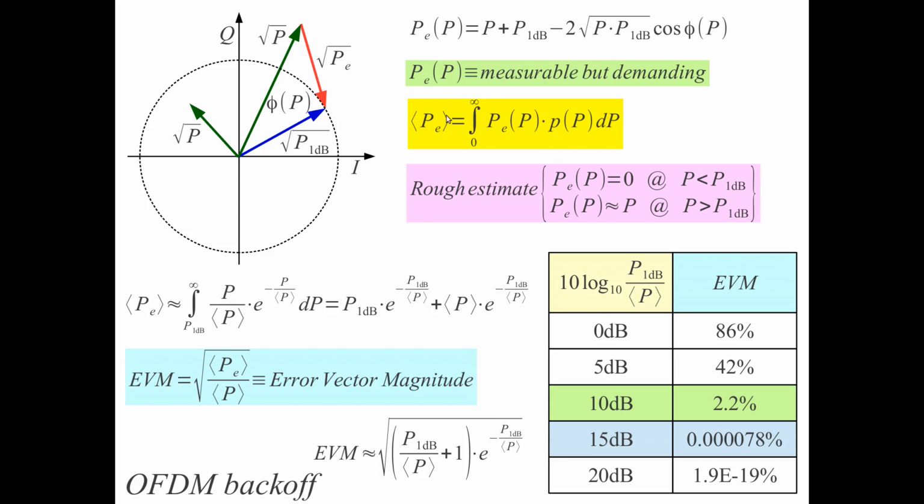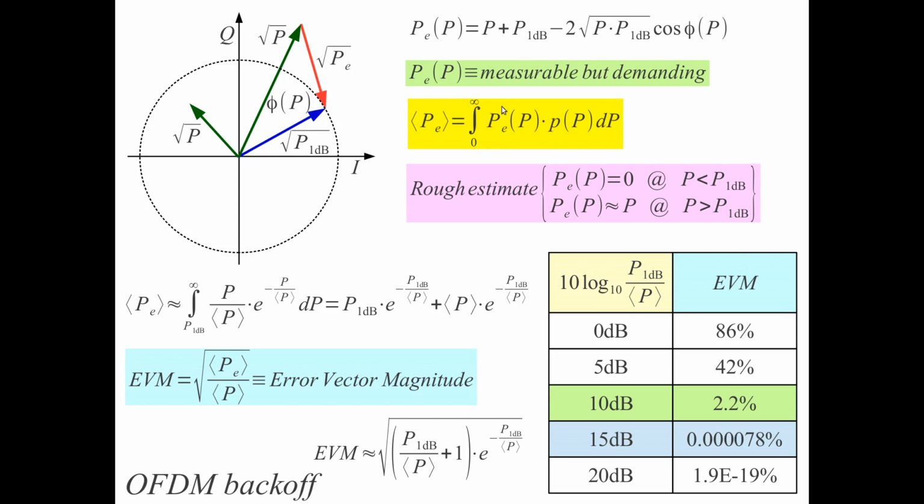So to calculate the average power, we should multiply the error power we calculated here with the probability density of having this peak power, and we should integrate this over all possible powers.